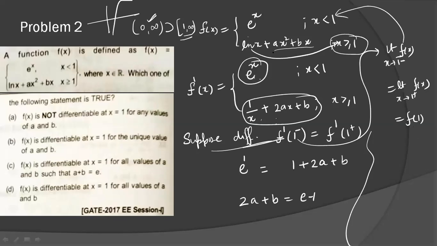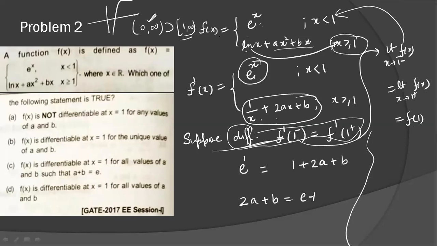So you can see the left hand limit exists here because this is an exponential function, and this function is also continuous on the right hand side because these functions are defined in the given domain. Now put this condition because we are supposing the differentiability condition. It means it will be continuous.